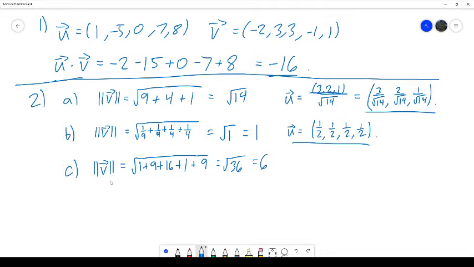So we end up with just a magnitude of 6, and so when we go to normalize this vector, we're going to have those original components just all divided by 6, and we can do some simplifying along the way. 3 over 6 is 1/2, 4 over 6 is 2/3, negative 1 over 6, and 3 over 6 is 1/2. And so there's our normalized vector for part C.